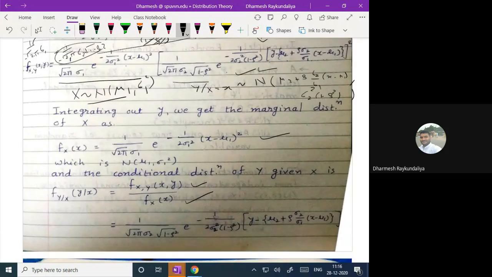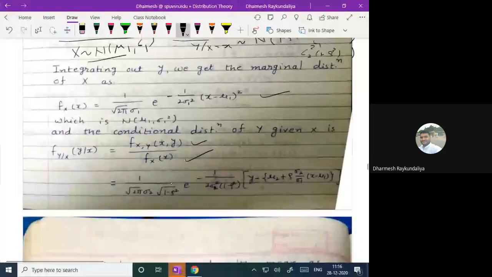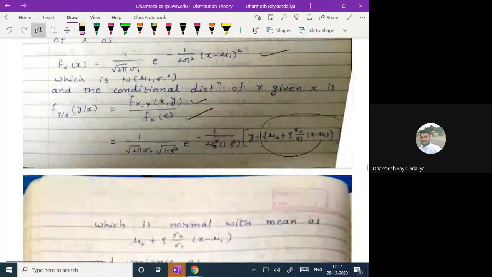And that is how the PDF of y given x is nothing but 1 upon root 2 pi sigma 2 square root of 1 minus rho square, e raised to minus 1 by 2 sigma 2 square (1 minus rho square) times (y minus mu 2 plus rho sigma 2 by sigma 1 (x minus mu 1)) squared. So this is the conditional mean, and this is the conditional variance.